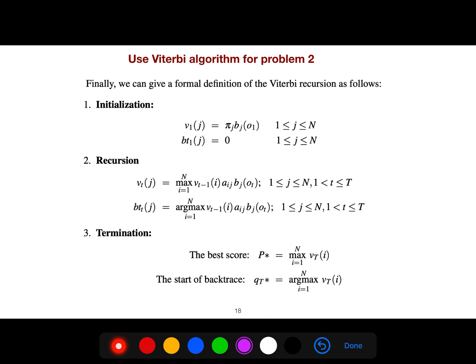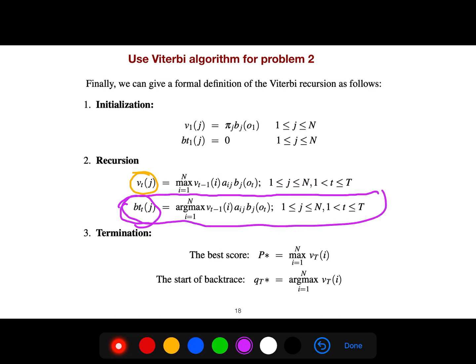You can also calculate the best score, and you do backtracking. This one is decoupled from V_t(j), but you need it because you need to save the argmax of that. You don't care about the maximum, you care about the argmax.